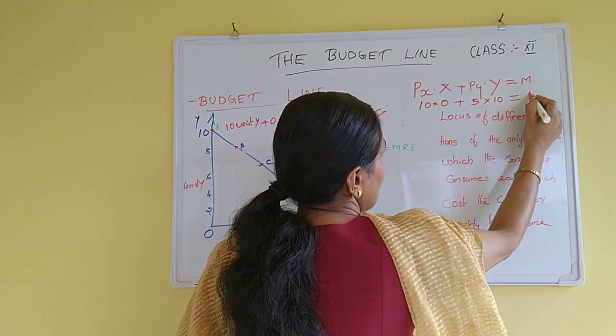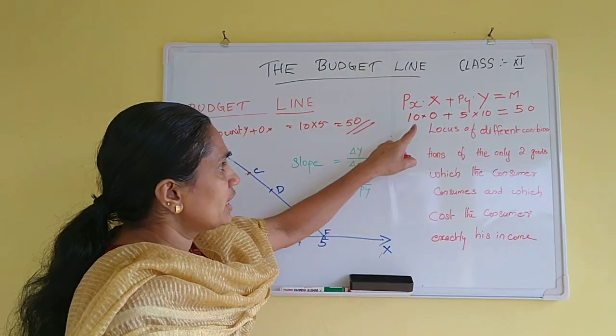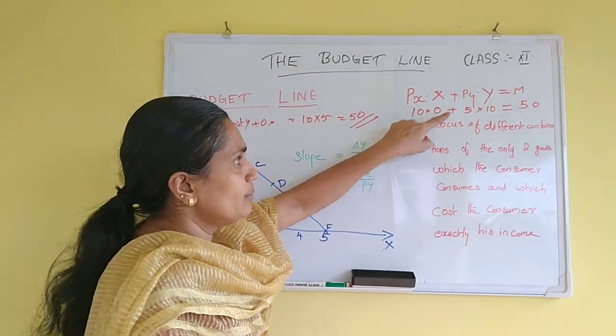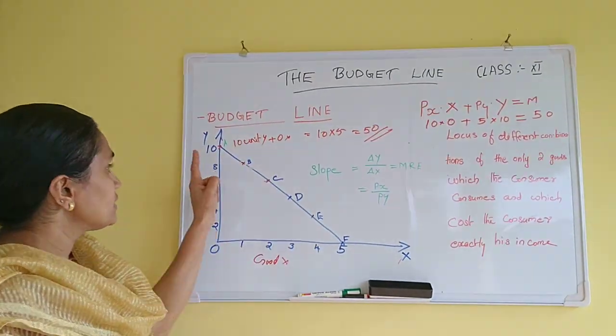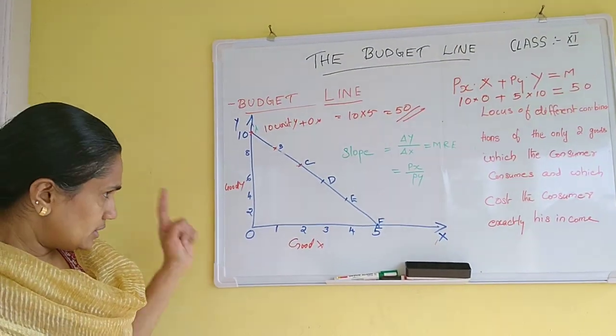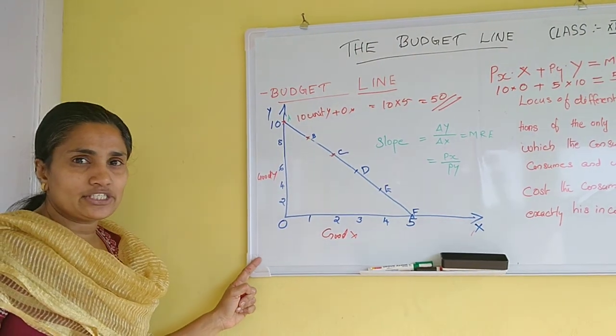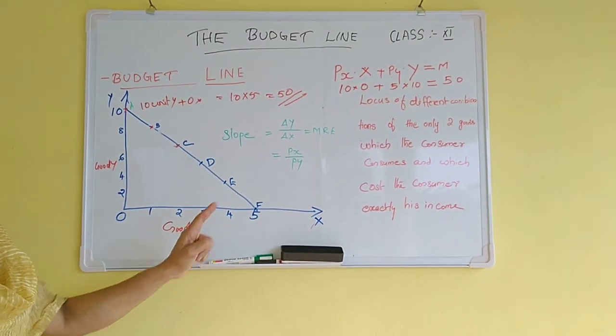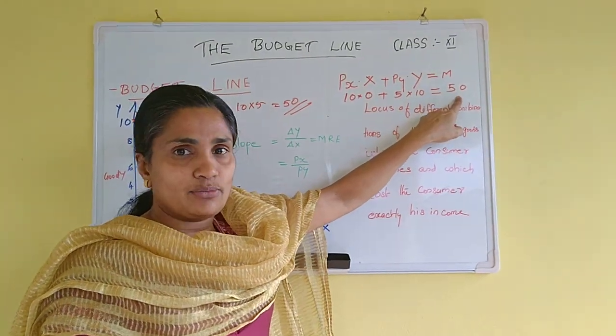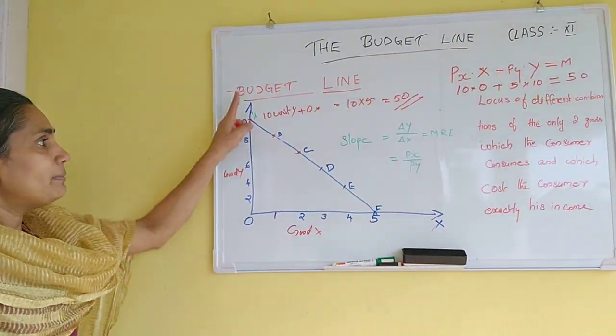What was the income? Income was 50 rupees. So 10 into 0, which is 0, plus 5 into 10, which is 50, is equal to 50. So the various combinations of two goods that the consumer consumes are exactly equal to the income of the consumer. That is what is called the budget line.